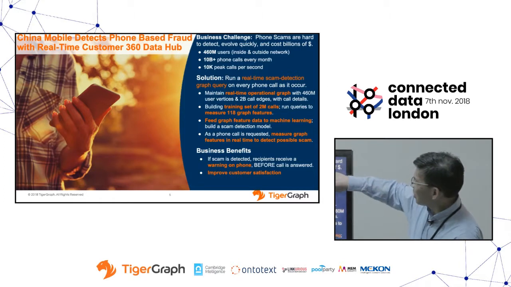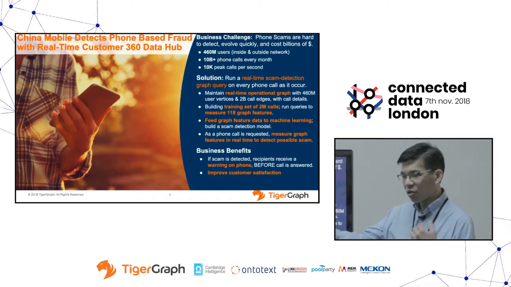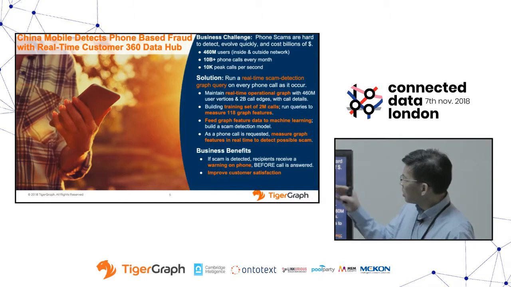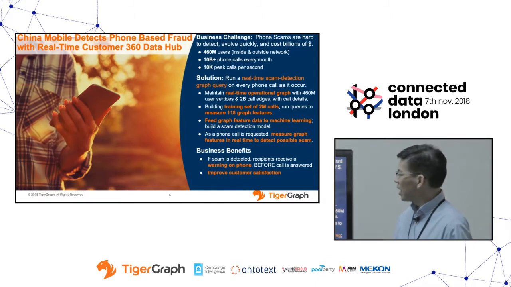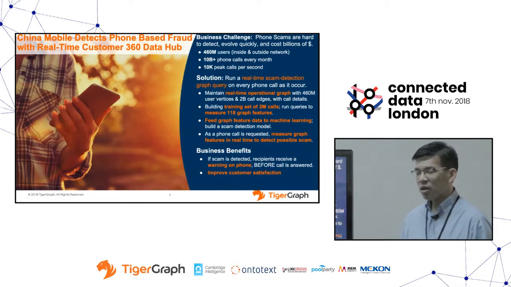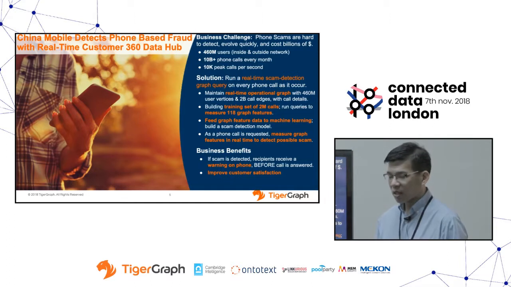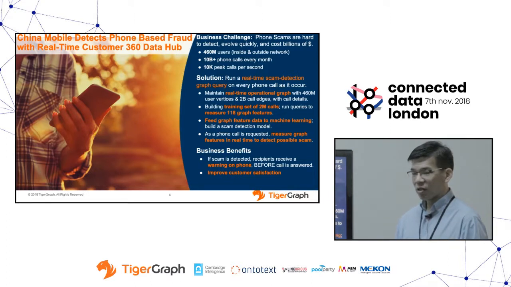This is some of the scale of their use. 460 million users, meaning one of the two parties in the phone call is in their network. 10 billion phone calls a month, 10,000 per second at peak need. They came to us, and we worked with them to develop a real-time fraud or phone scam detection system.